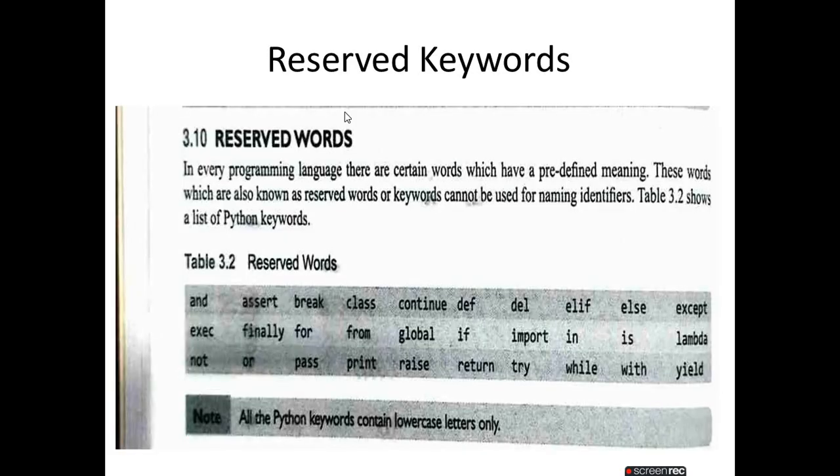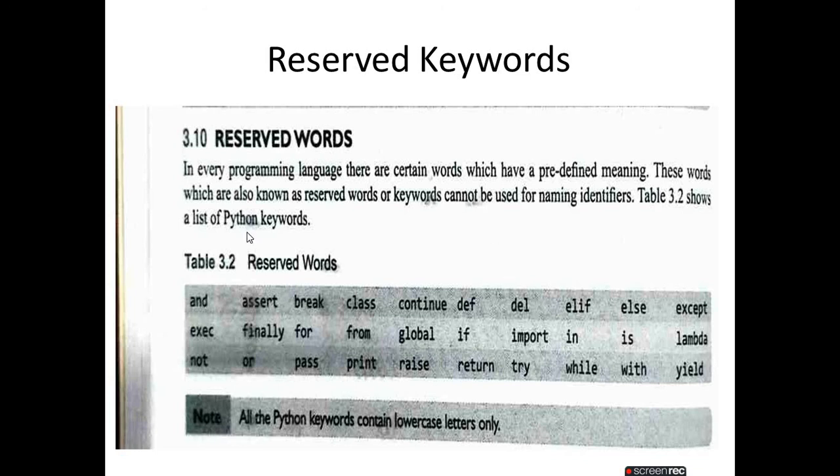Now these are the reserved keywords Python has. Every language has some reserved keywords which have some predefined meaning. Reserved keyword means we cannot use these words as a variable name or identifier.